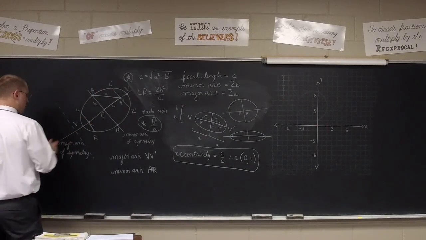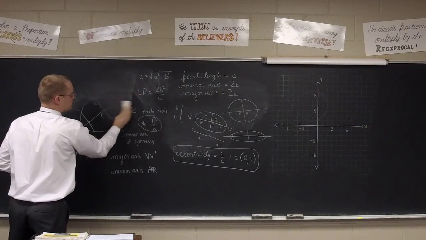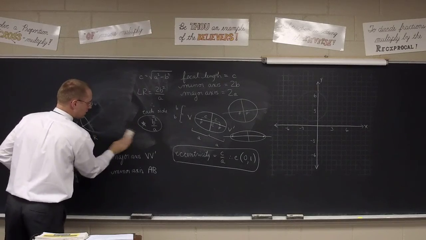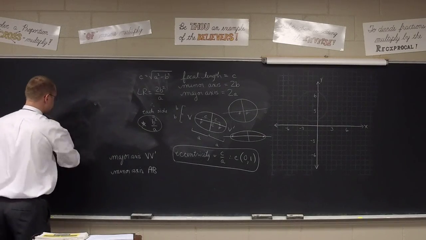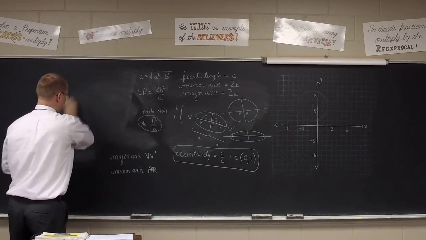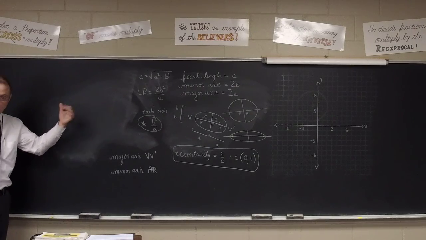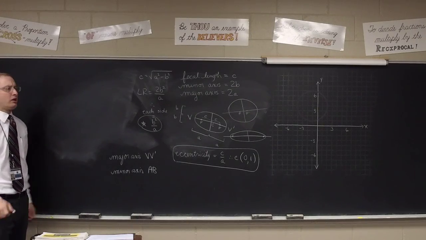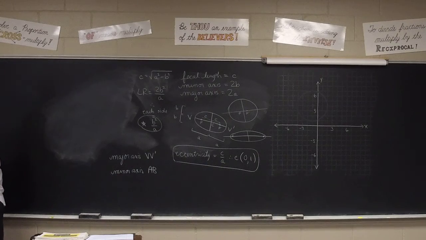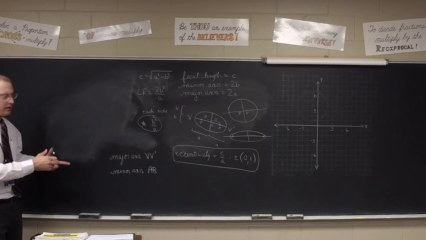Now, for the elliptical form, I'm running out of chalkboard space, so let me erase some of this. Again, we had a circle form: x minus x1 squared plus y minus y1 squared equals r squared. For the parabola, it was x squared equals 4py, or y squared equals 4px, until we started translating the vertex.